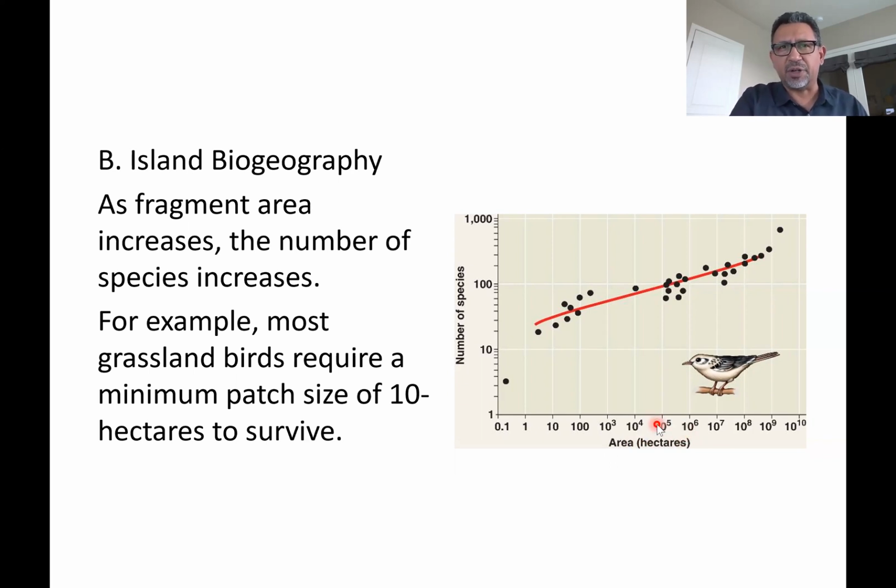This graph is not for the research that I did, but when I was studying grasslands of Southern California, I discovered that you need a minimum patch of about 10 hectares for grassland species to be there in abundance. So it's just amazing how this theory of island biogeography helps us explain that, yes, indeed, the larger the fragment, the better it is in terms of biodiversity.